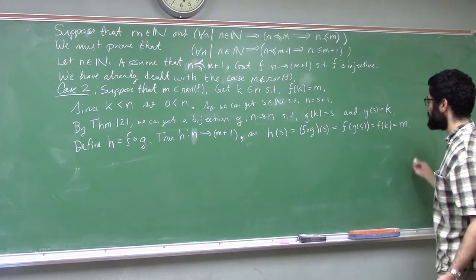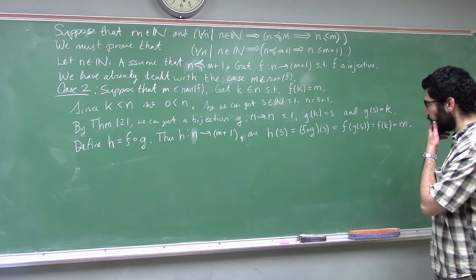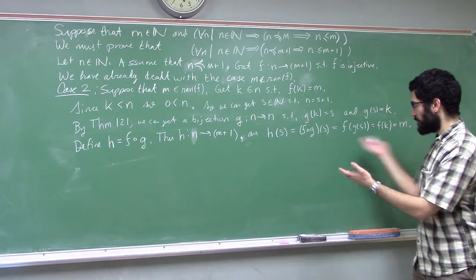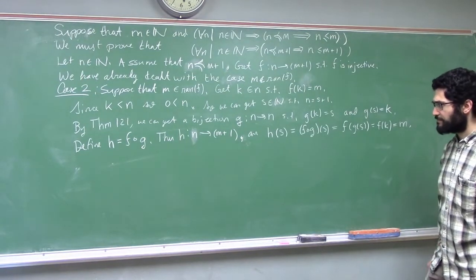That was the point of k, that it's the thing that f sends to m. All right, so h of s is m. All I'm expressing formally here is what we saw in the picture.